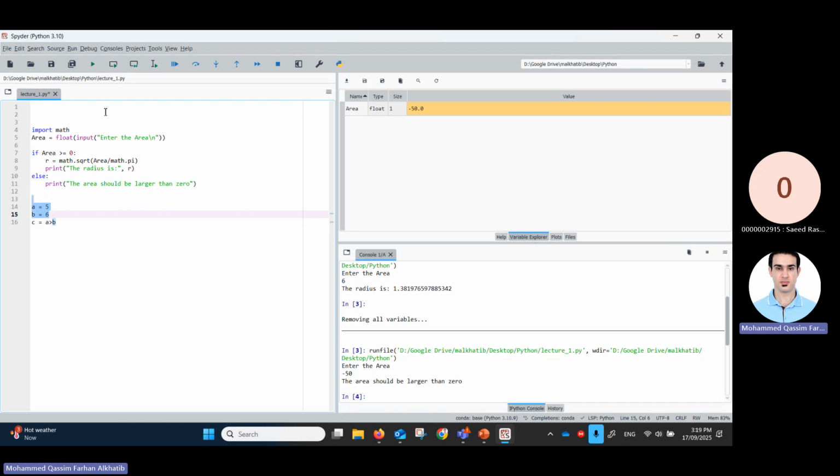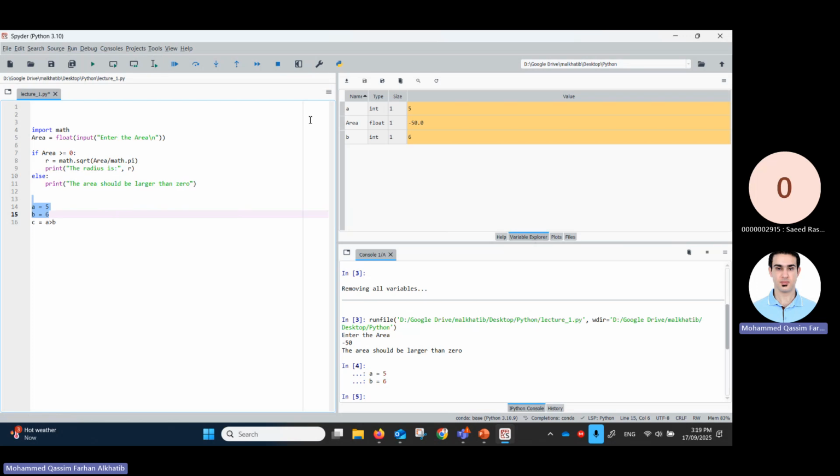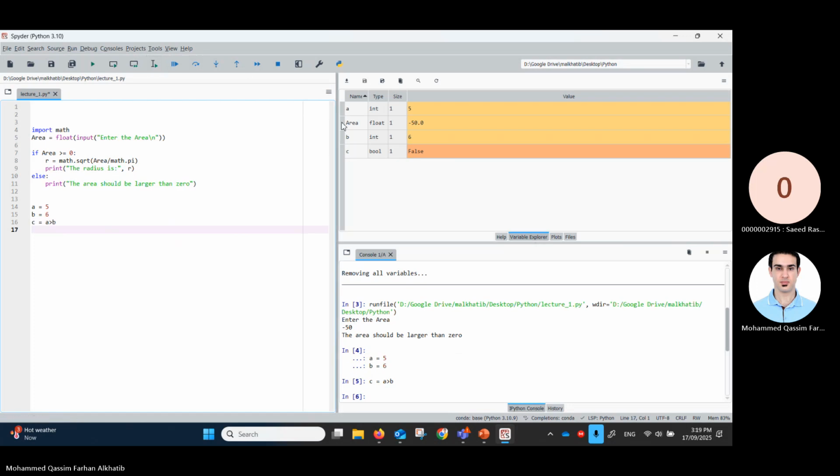So let's see, A equal 5, B equal 5. I'm running selection. So A is integer, B is integer. Now let's see C.